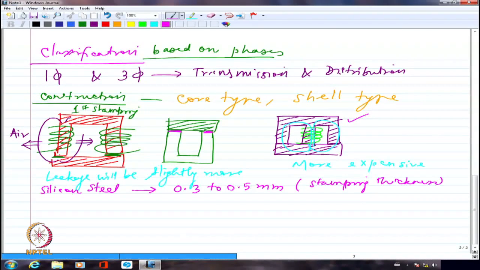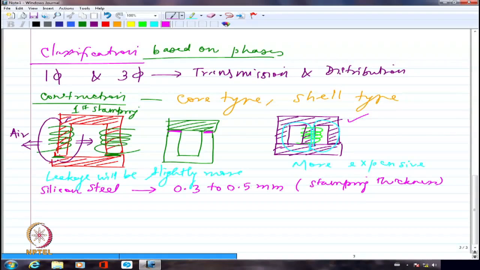The question was, why don't we make the core as one single stamping which is in square shape or in E-closed shape? Invariably the windings are really heavy. If the windings are heavy, it will be very difficult to actually make the winding manually or even machine wound windings around a pre-processed core.